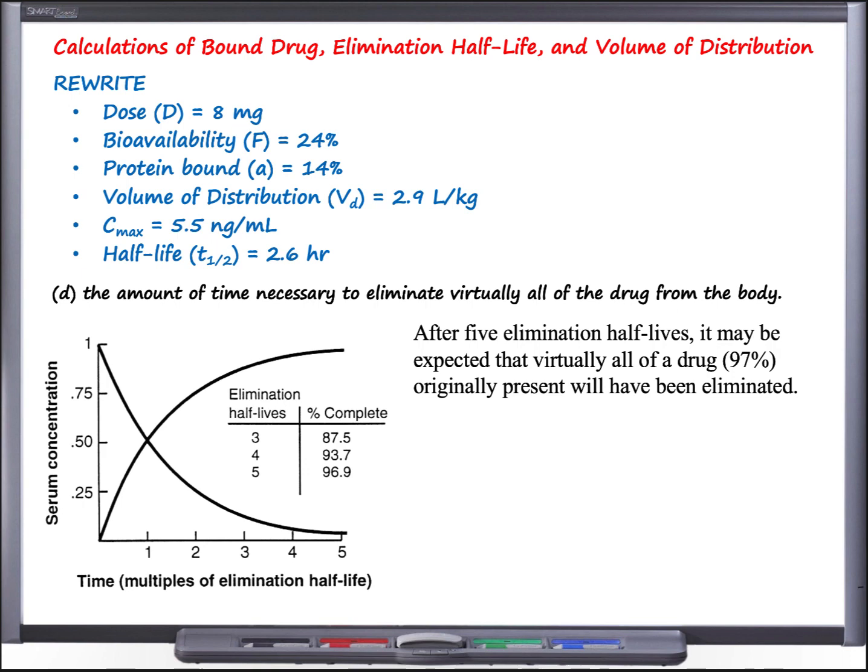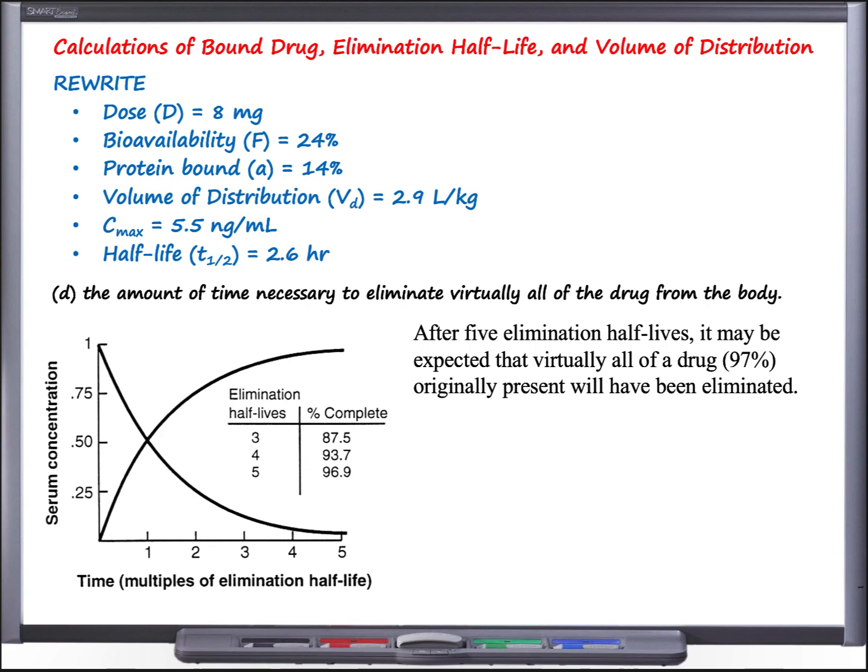In the end, what you'll learn in pharmacokinetics, if you do the math with the percent lost and the number of half-lives, is this last statement: after 5 elimination half-lives, it is expected that virtually all of the drug, meaning 97% of what you originally started with, will be eliminated.